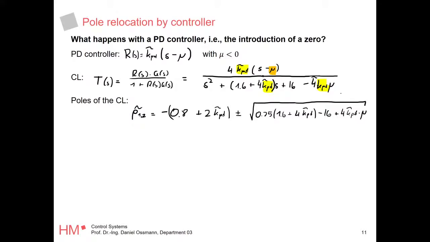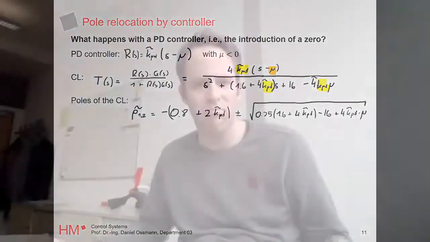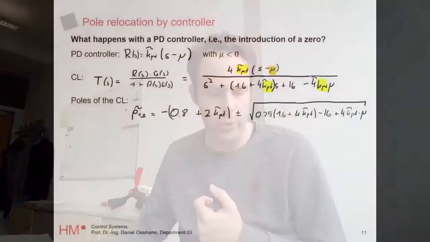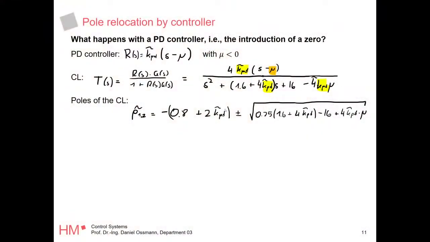Okay, so now actually our poles look a little bit more involved, right? Our controller gain shows up and also our zero shows up. So we can now influence, and this is the first thing here we should notice, you can influence the real part and the imaginary part.